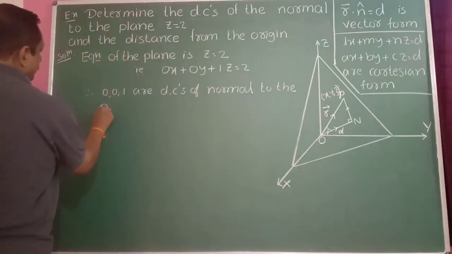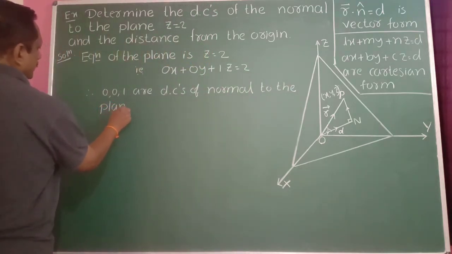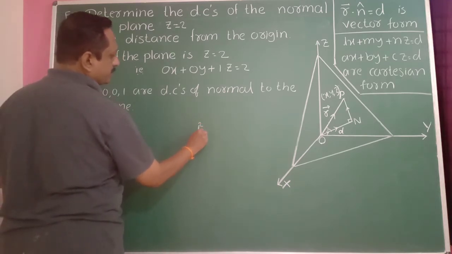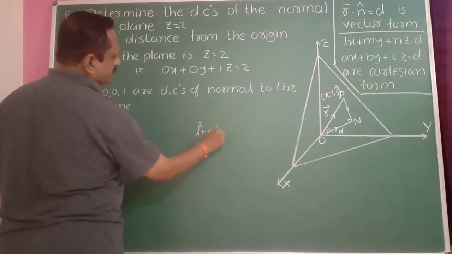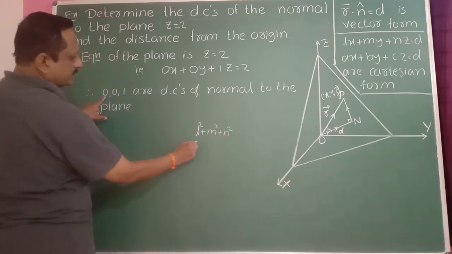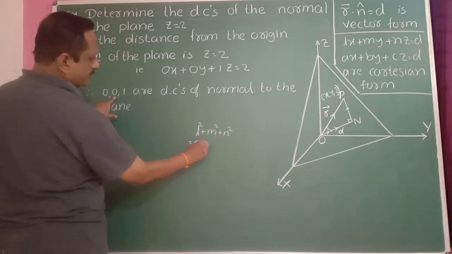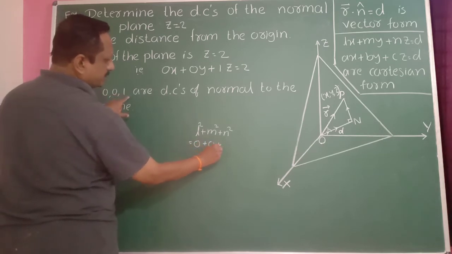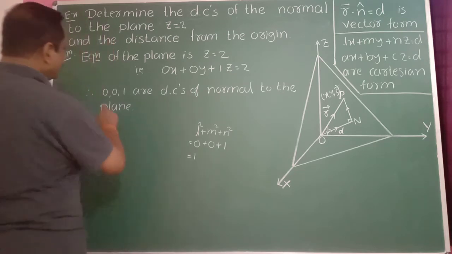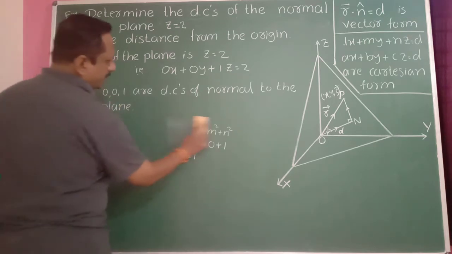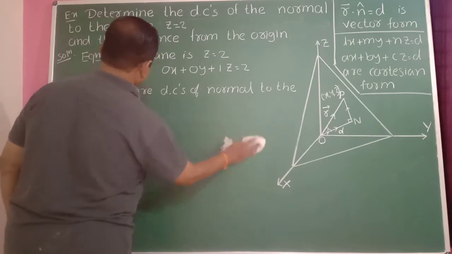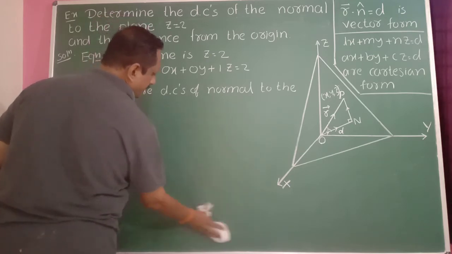Okay, because this condition is satisfied: l square plus m square plus n square is equal to, 0 square is 0, again 0 square is 0 and 1 square is 1, so it becomes 1. This condition is satisfied. Yes, these are the direction cosines of a normal to the plane.